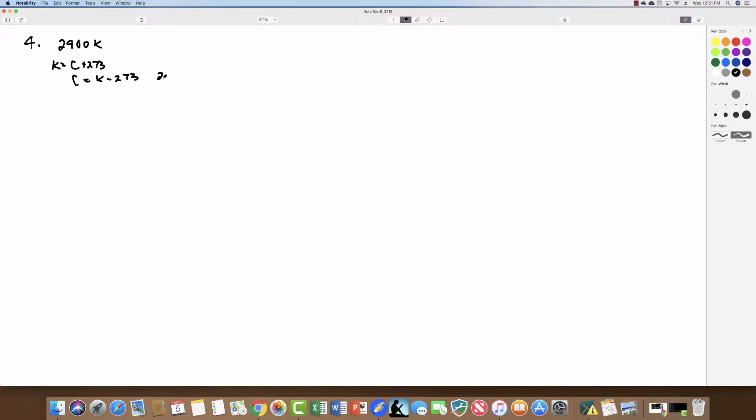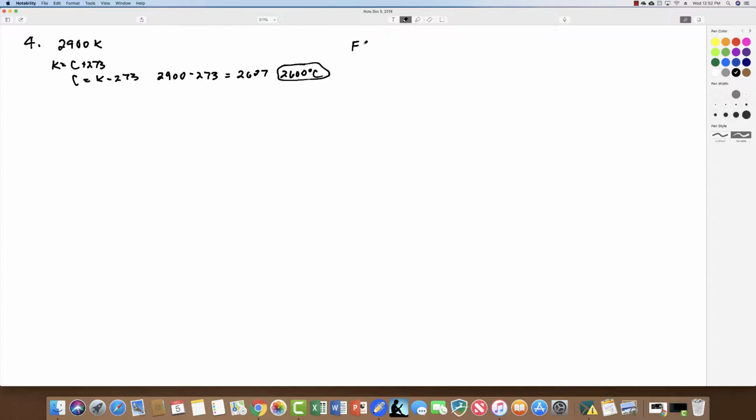So in this case, it's going to be 2900 minus 273, which is going to equal 2627. And if we round that to two significant figures, we get 2600 degrees centigrade. Now we take that to get the Fahrenheit.